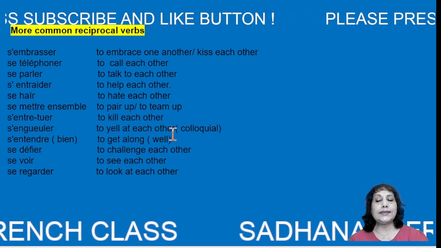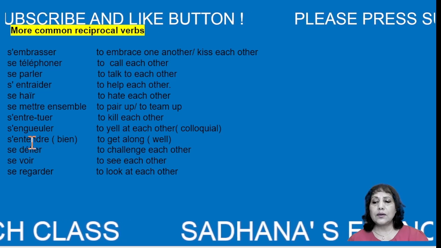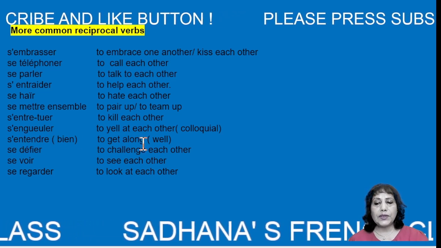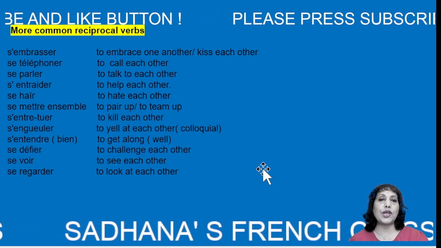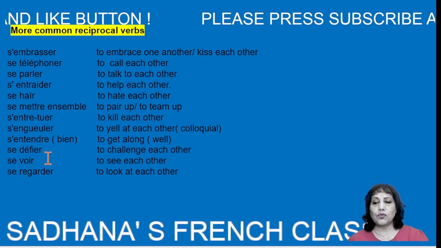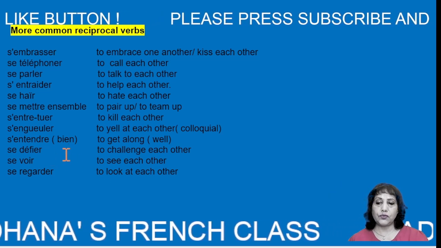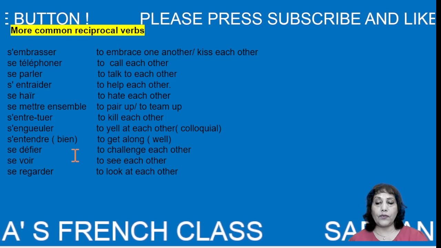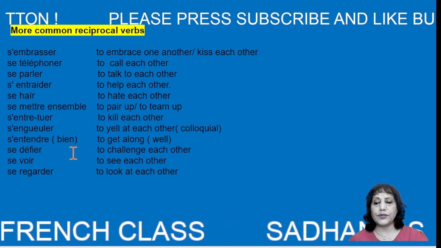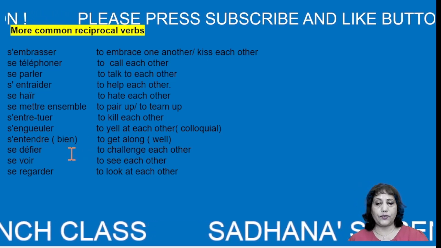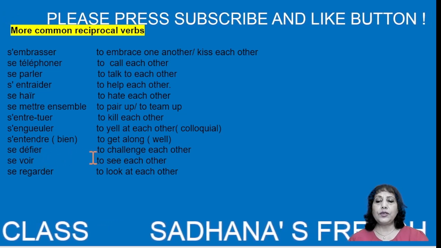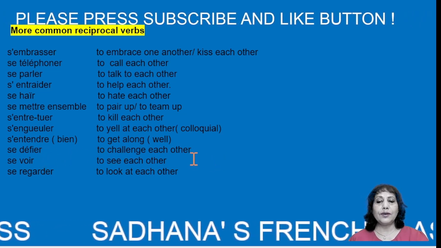S'entretuer, to kill each other. S'engueuler means yell at each other or shout at each other. S'entendre means to get along well. Bien you can use, I have written in bracket. Okay. S'entendre bien, to get along well.